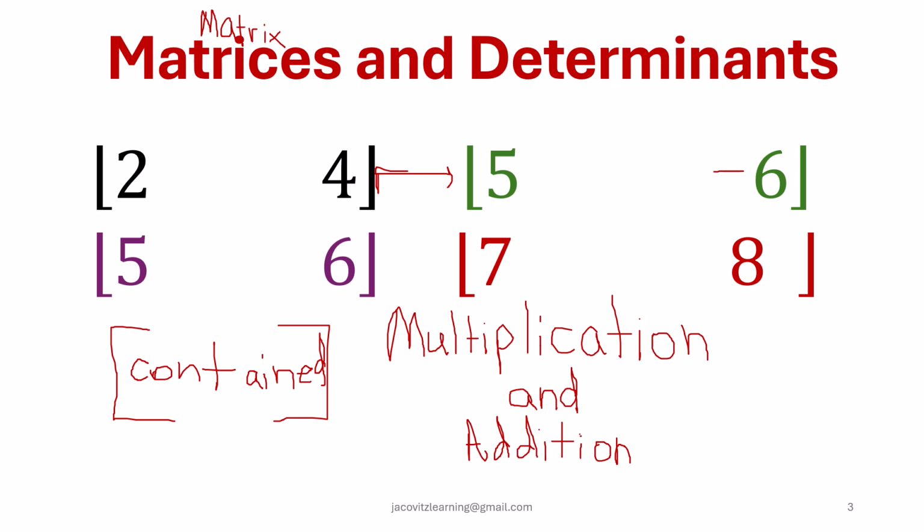But along the way, here's what makes matrices like this. By the way, this is called a 2 by 2 matrix. Why? There's 2 rows, and then there's 2 columns. So it's a 2 by 2 matrix, and it's multiplied by another 2 by 2 matrix.